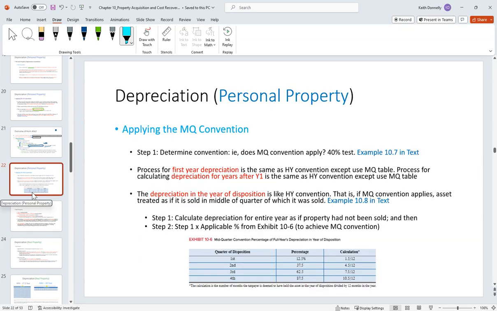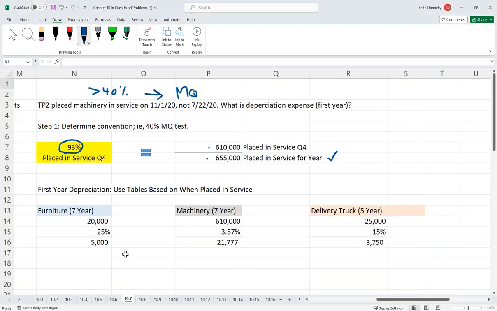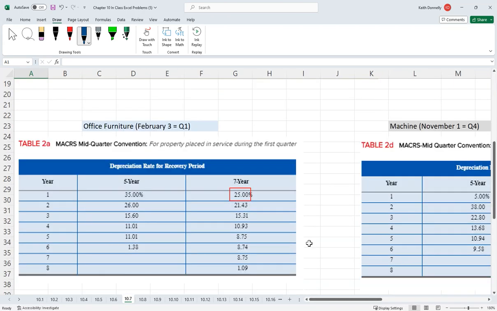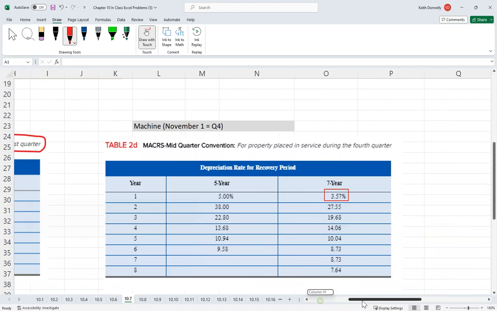So, with this, right, if we go into 10.7, how do we figure out depreciation in year one? Well, hey, we have to individually sort it, right? The office furniture, we put it into service in quarter one. We're using mid-quarter. Accordingly, we use the first quarter table, year one, 7-year property, there we go.